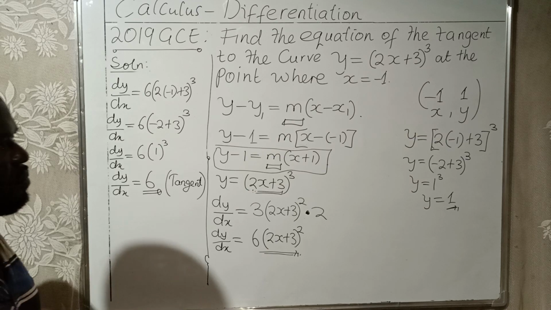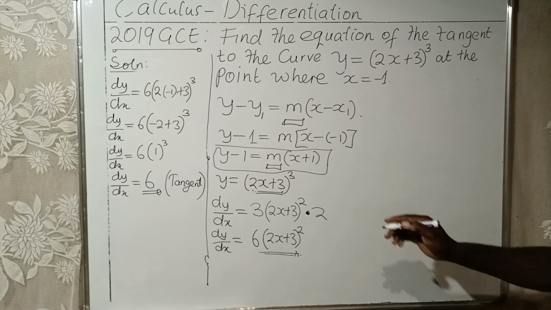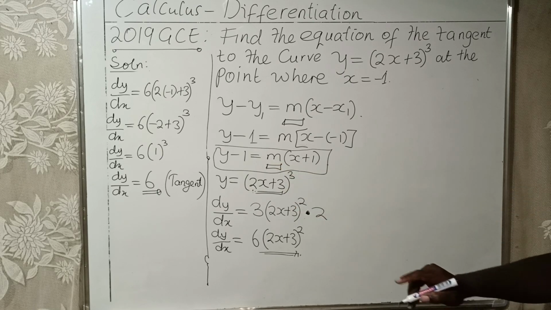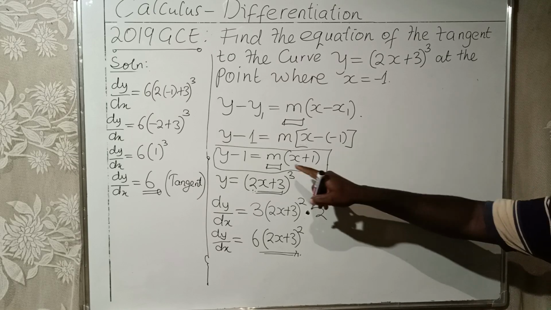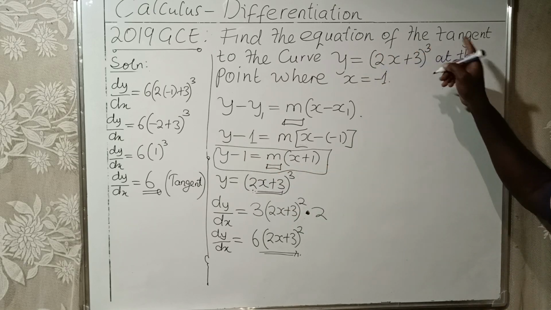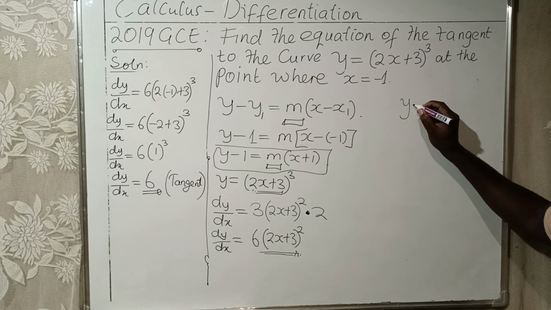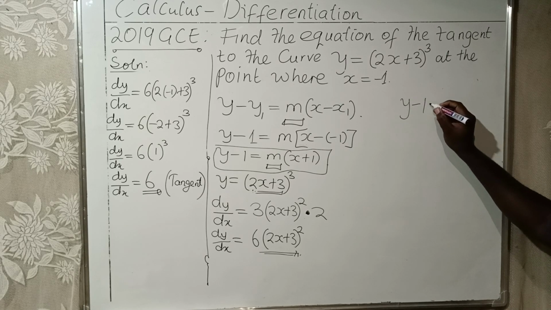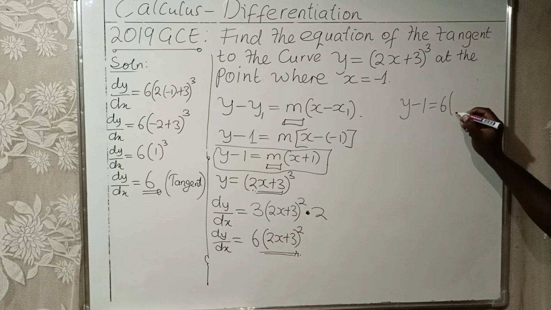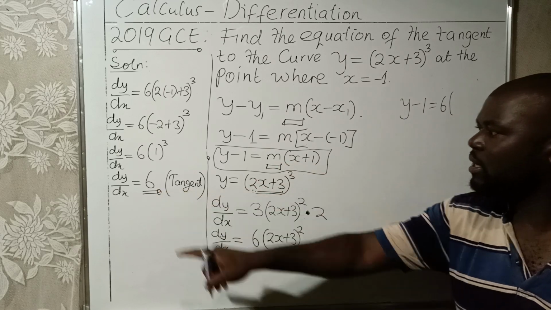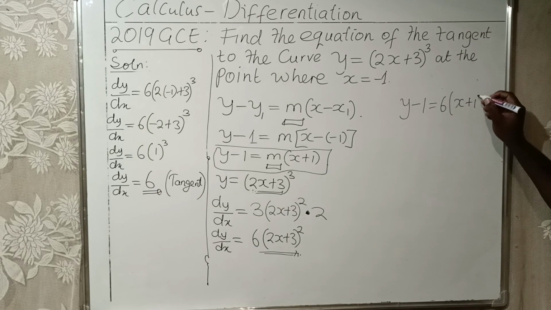So substituting for m, we substitute 6 for m, so that we complete our equation of the tangent. So we have y minus 1 is equal to 6. So for m, we have put our gradient, and we have x plus 1.